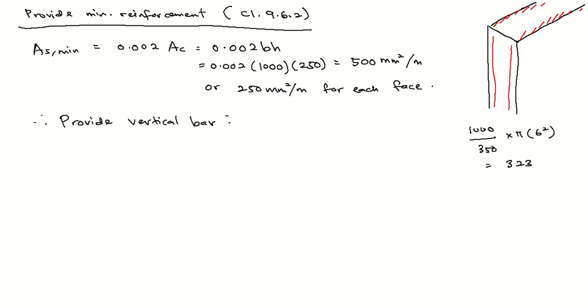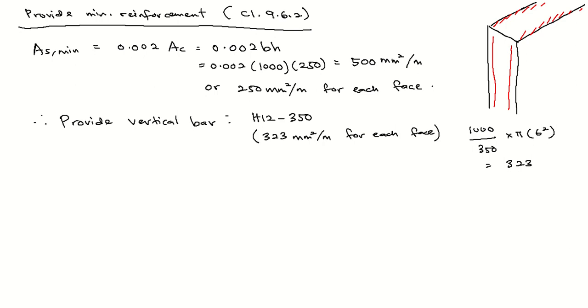So the AS required is 250 and we can provide 323, so okay. So provide vertical bar H12 spacing 350 where the AS is 323 mm square per meter for each face.